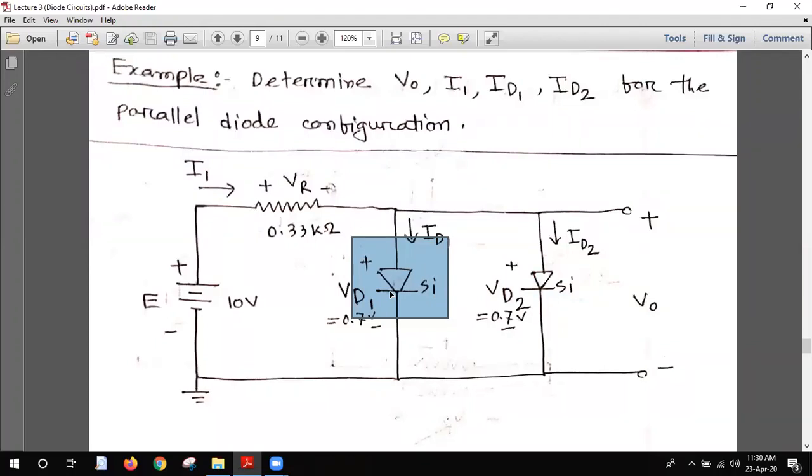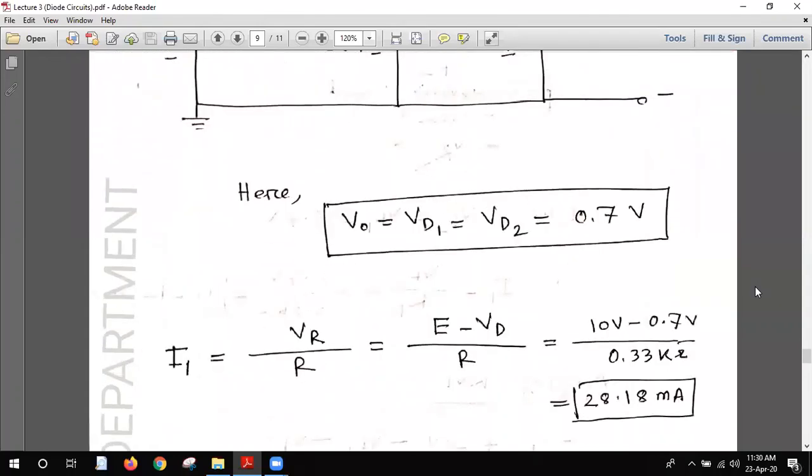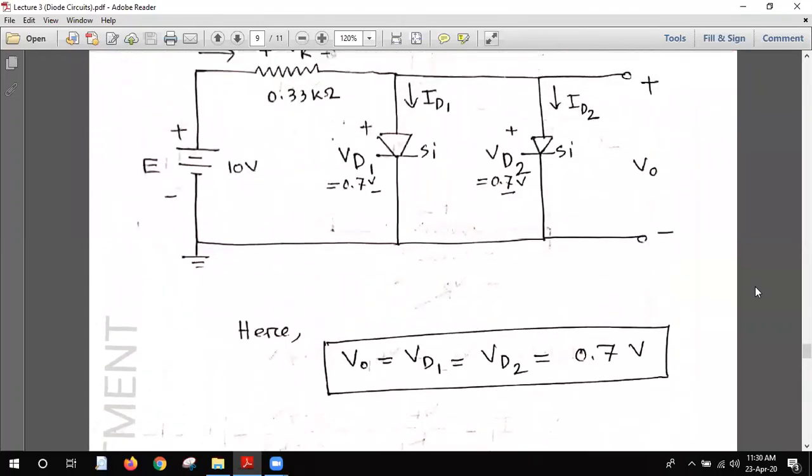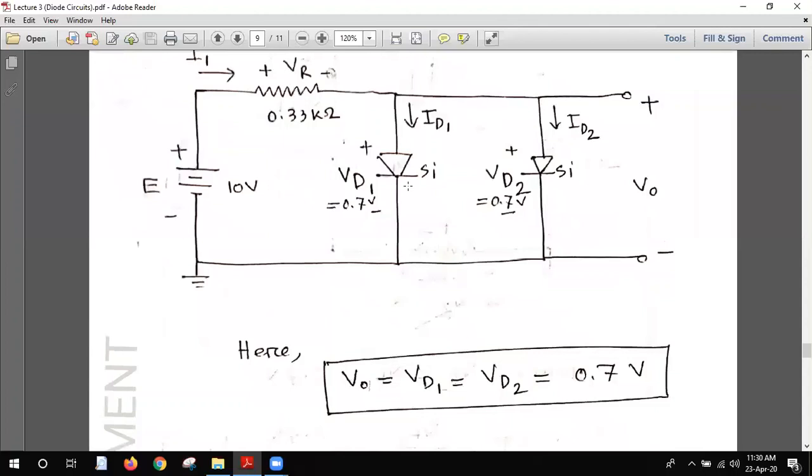We all know this is a silicon diode, so the barrier potential will be 0.7 volt. The voltage across the two diodes will be the same, 0.7 volt, since both are silicon diodes. So VD1 is 0.7 volt and VD2 is 0.7 volt.